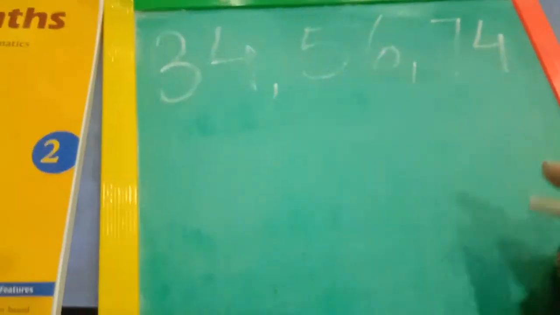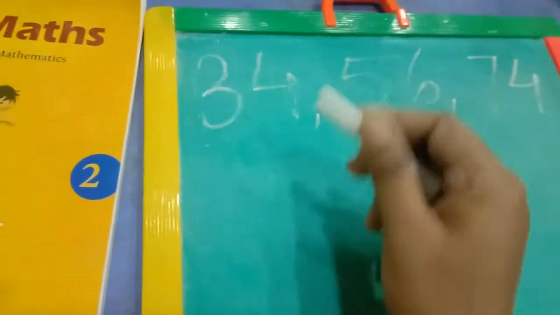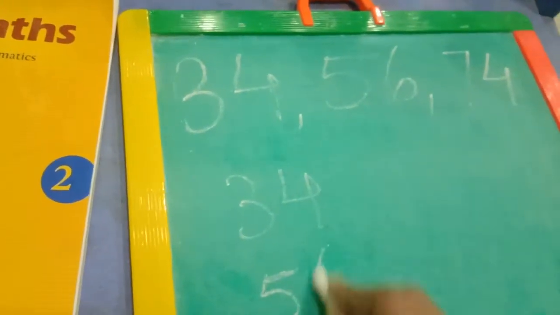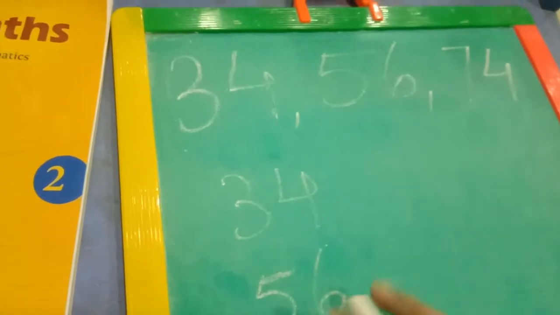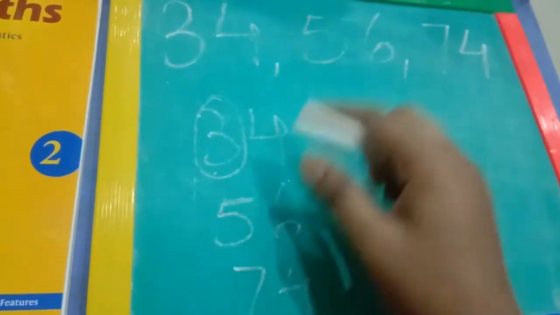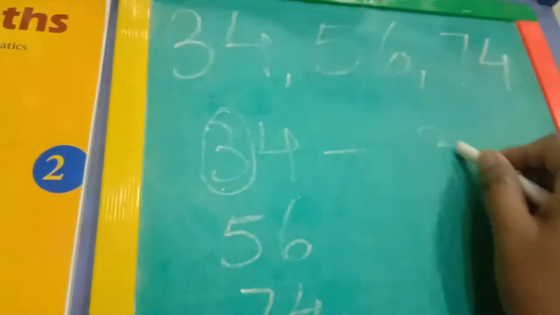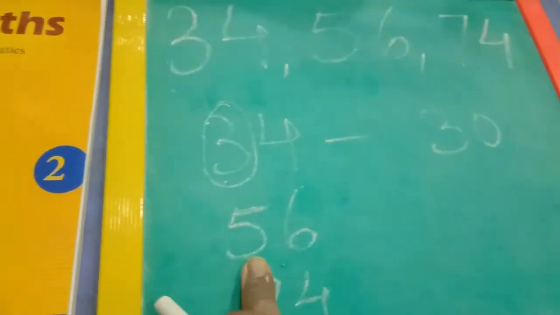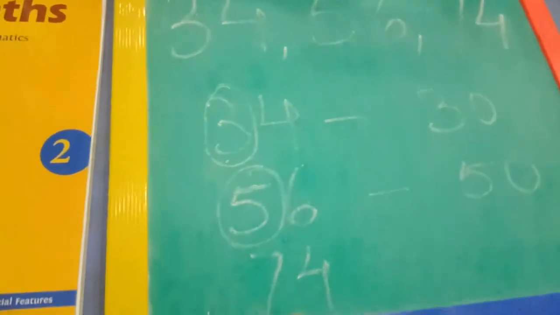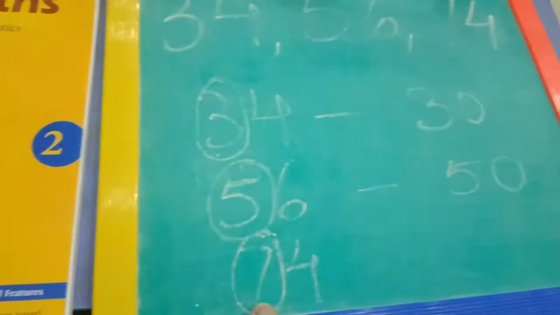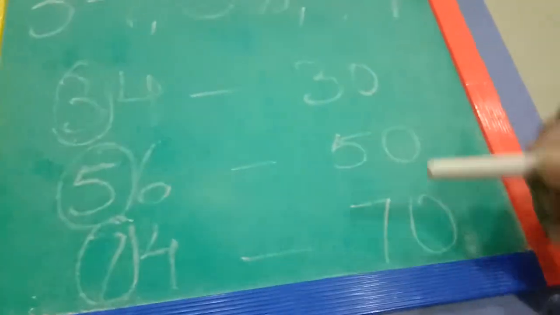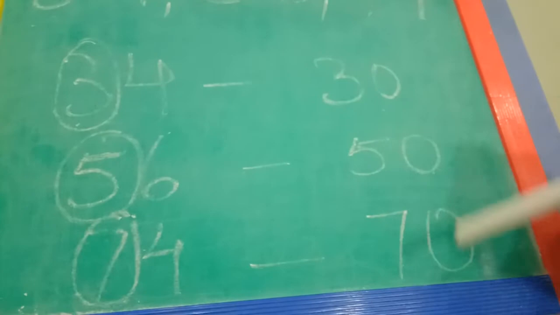So what you can do, you can write separately 34, 56 and 74. See, the tens place of 34 is 30, the tens place of 56 is 50, and the tens place of 74 is 70. So 30, 50, 70.